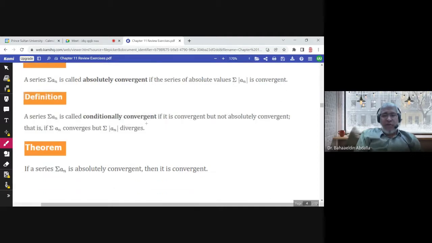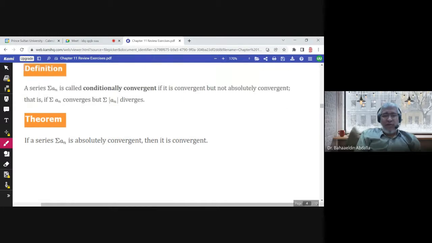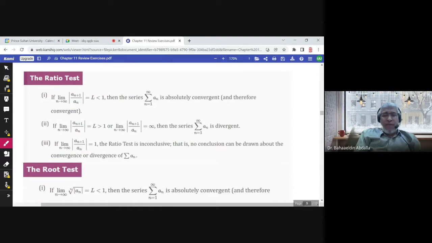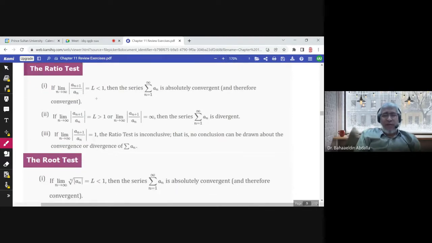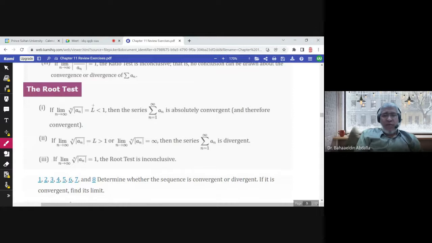And it is conditionally convergent if this series is divergent, while the original series summation an is convergent. The ratio test: the limit of the absolute value of an plus 1 over an. If the limit is less than 1, absolutely convergent, greater than 1, divergent. And the root test: the nth root of the absolute value of an.